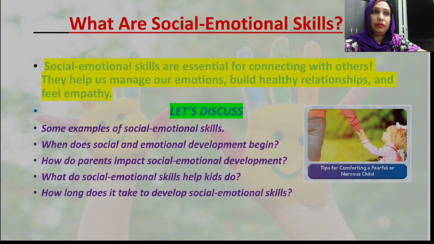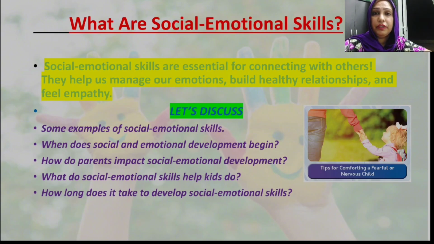Then let's talk about what social and emotional skills help kids to do. There are plenty of things we can discuss, and these are the advantages when social and emotional skills develop. Kids with healthy social and emotional skills are more likely to succeed in school, work and life.